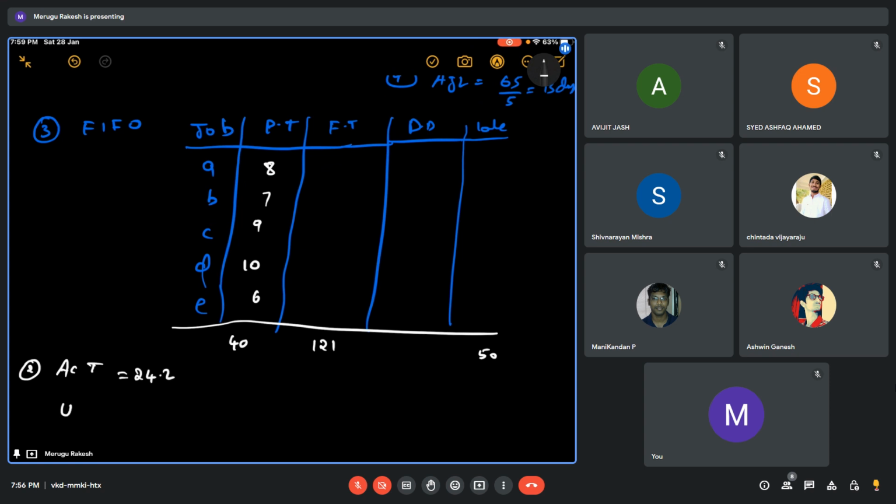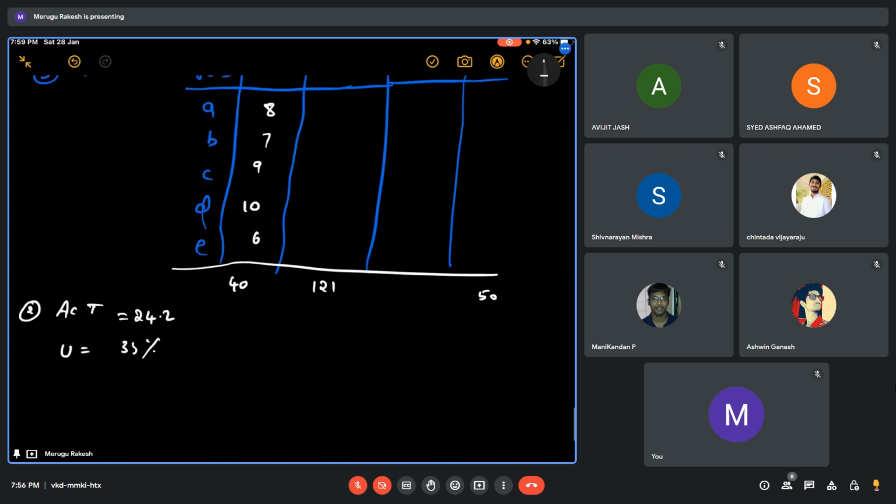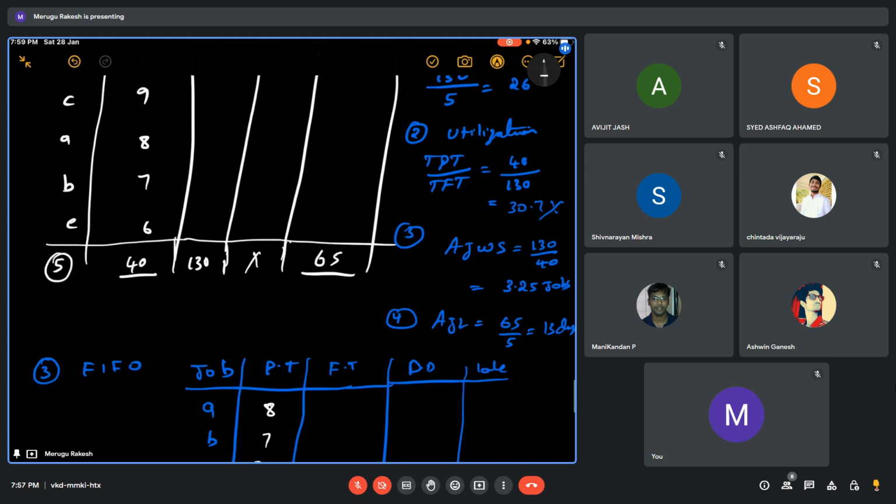Utilization is 33%. Then average job waiting time, which is the inverse of this utilization, is 0.025. Average job lateness is 10, whereas if you see here, we'll have 13. It's more than FIFO, where we got 3.025.